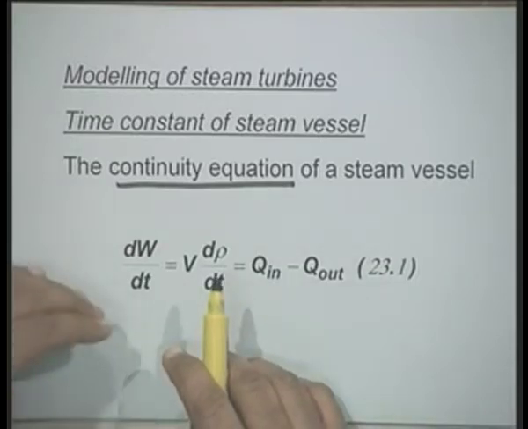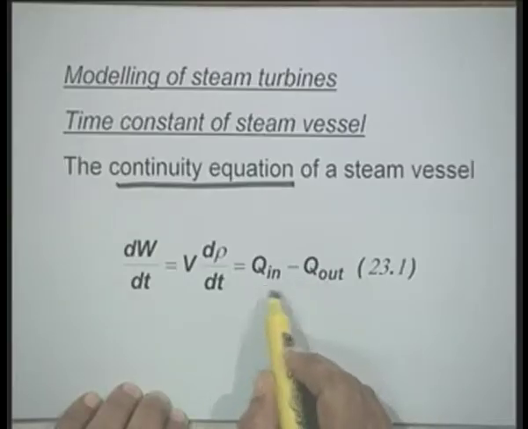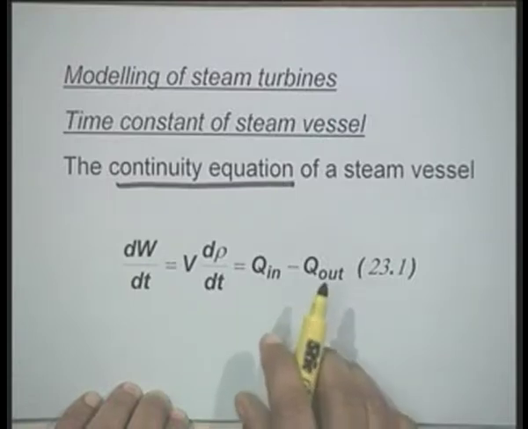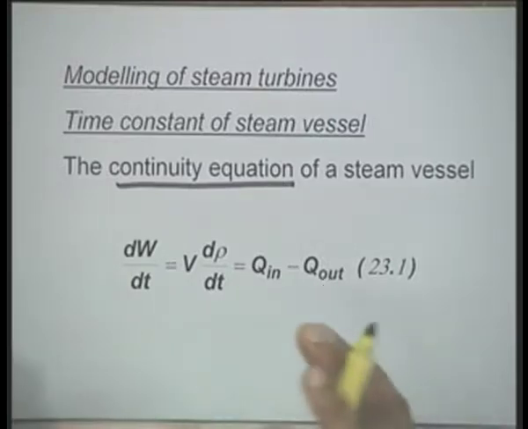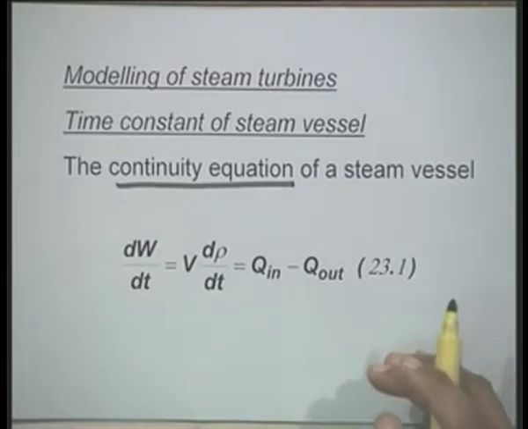Therefore, the rate of change of total weight of the steam content is equal to the difference Qin minus Qout. A very simple mechanism: there is a vessel where steam is entering at a certain rate and leaving at a certain rate, and this difference represents the rate of change of weight of the steam inside the vessel.